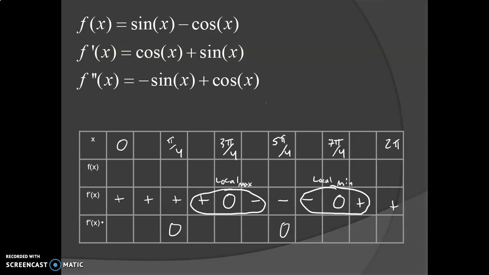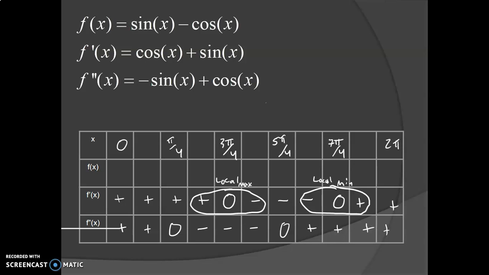Now for the second derivative, I'm going to plug in like 0. Sine of 0 again is 0. Cosine of 0 is 1. So we're getting a positive value. And then we're getting a negative value. And then we're getting a positive value. And if I plug in, let's say, pi into here, I would get a negative value.